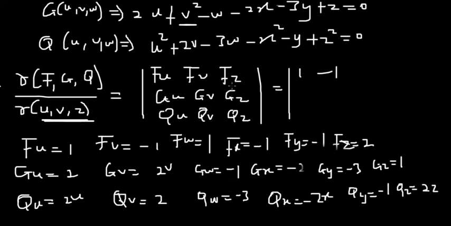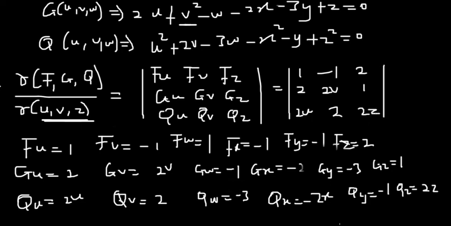We don't have f of w over here, so f of z gave us 2. g of u gave us 2. g of v gave us 2v, and g of z gave us 1, and then q of u gave us 2u, q of v gave us 2, and then q of z gave us 2z, okay?